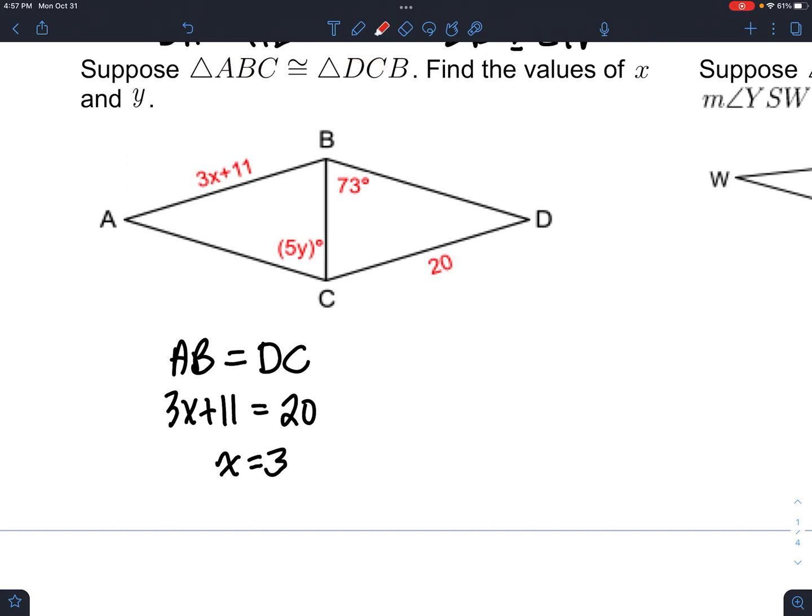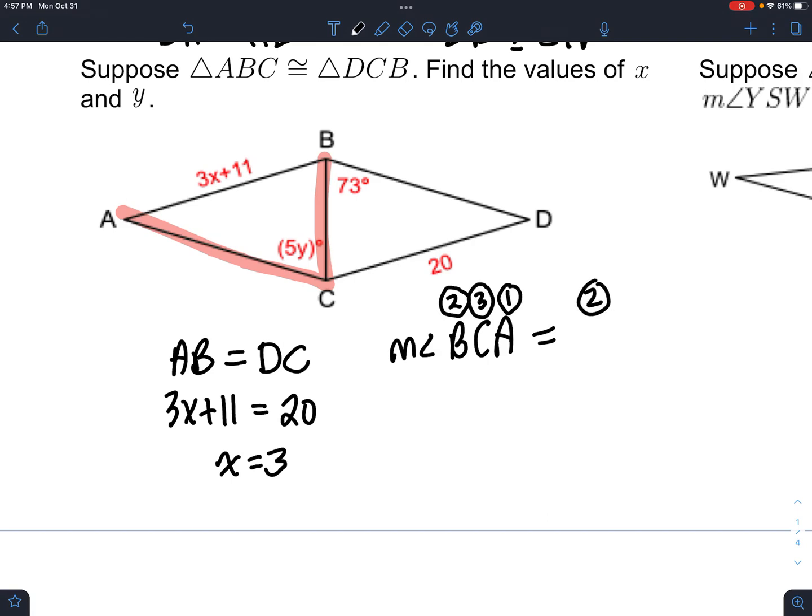Okay. Angles can be a little bit more challenging. For example, BCA. We would hope that it's just this angle here, because that's the one that's labeled, but we can't be sure. So BCA is the second letter, the third letter, and the first letter.